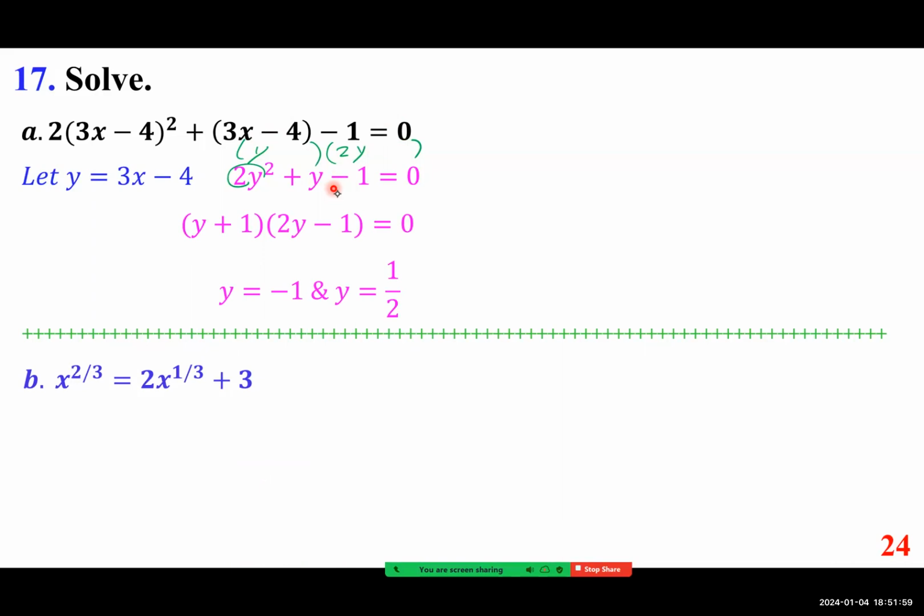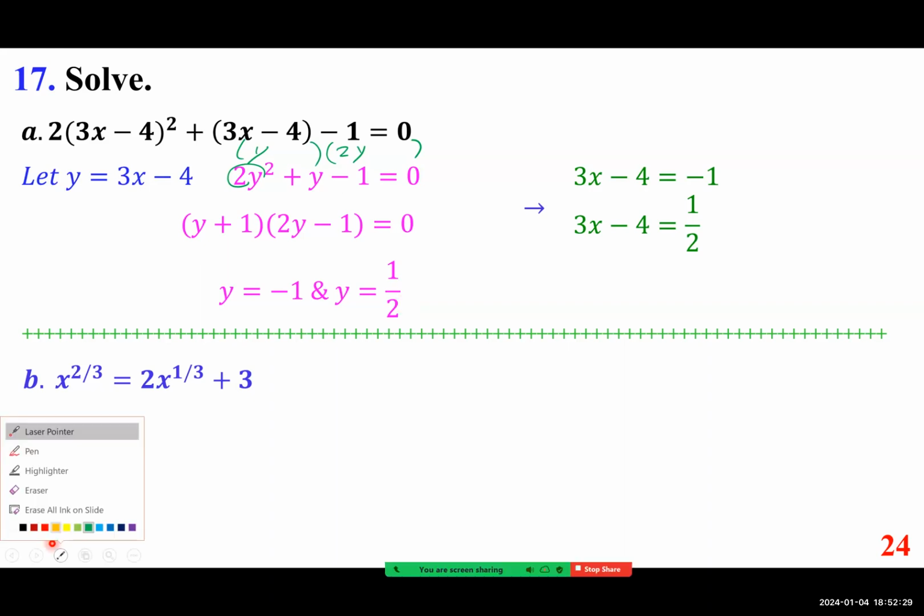Are we done? The answer is no, because we are supposed to solve for x. So let's set 3x minus 4 equals negative 1 and then 1/2. We are going to solve each equality, everybody. So let's look at the top one.